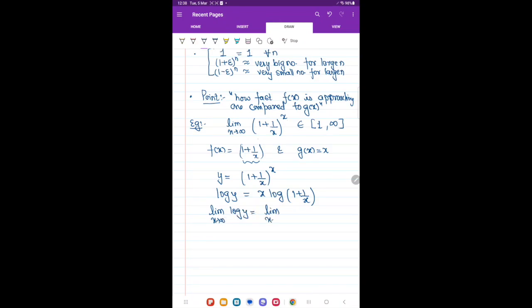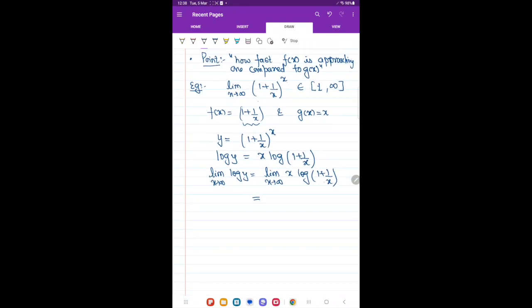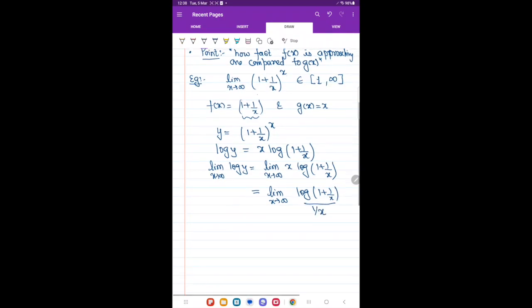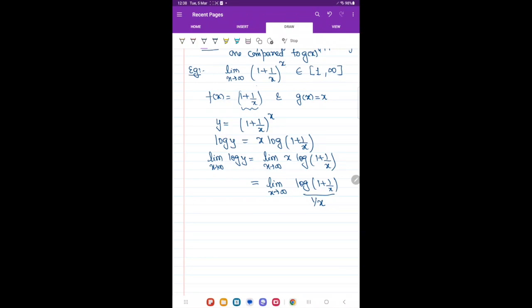Generally you take L'Hospital's rule. First write it as limit x tends to infinity, log of 1 plus 1 over x divided by 1 over x, and now this is the 0 by 0 form.